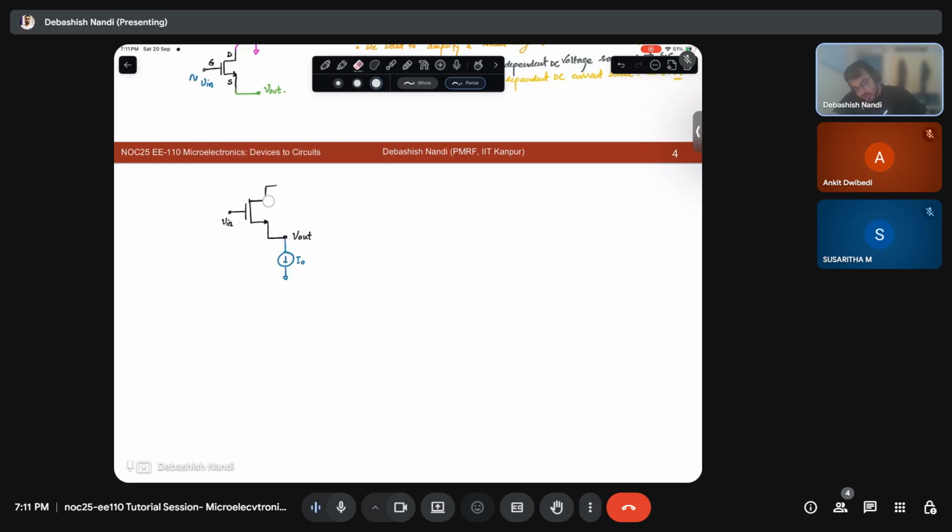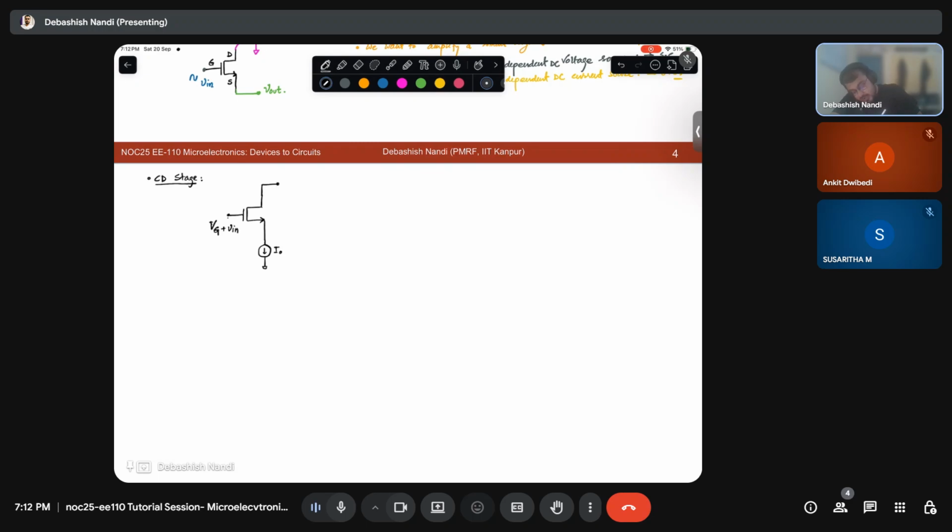Your actual circuit, the full circuit of the common drain stage, will look something like this. You will have a fixed current source biasing. Then you will apply here your DC voltage plus your small signal input.